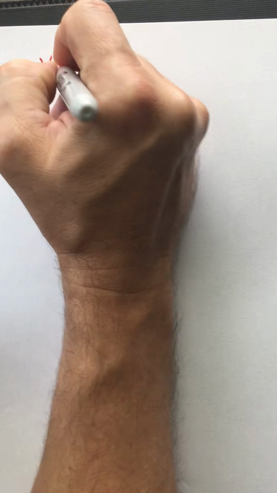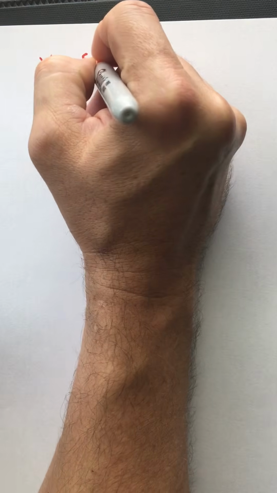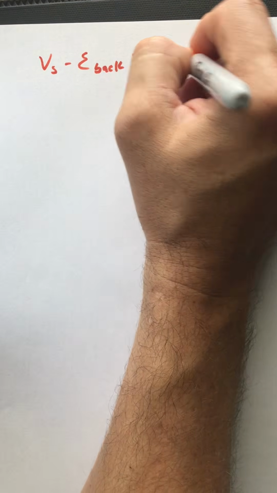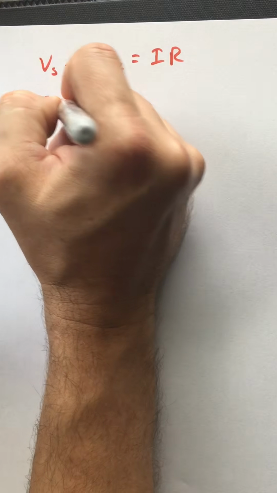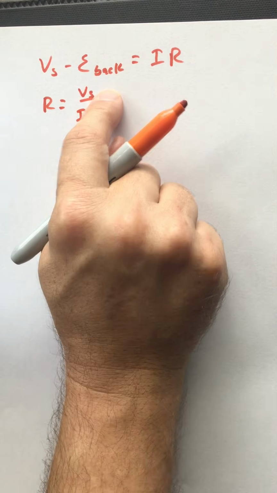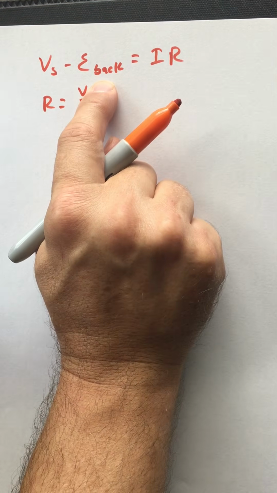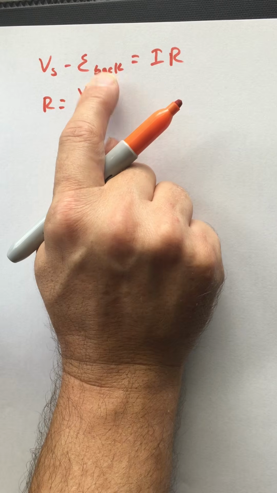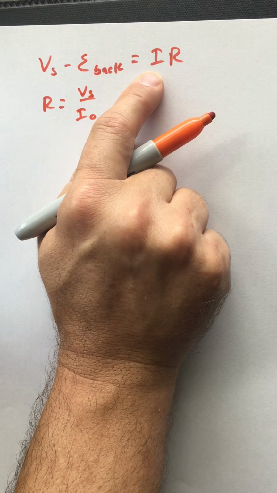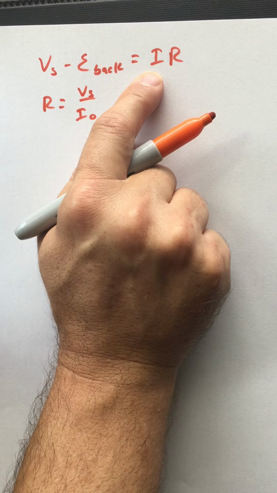So I've still got Ohm's law, but I'm going to write it in this form. And I have determined that R is equal to source voltage over I naught. Now, after this comes up to speed, this is no longer 0. So if I know what this is, solving for the current when it's up to speed is really easy.